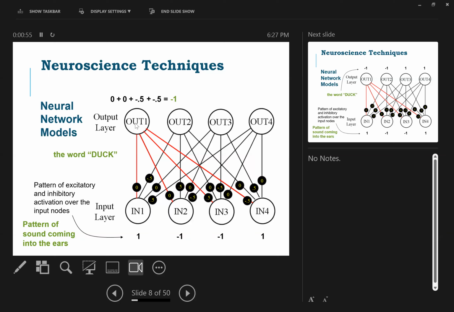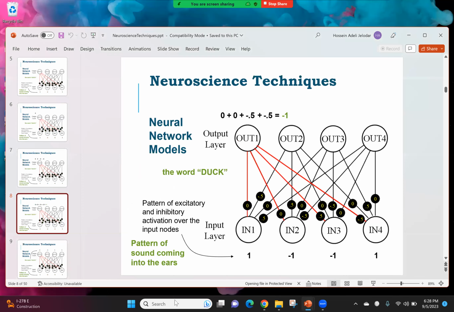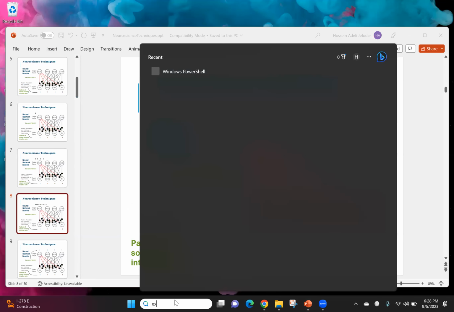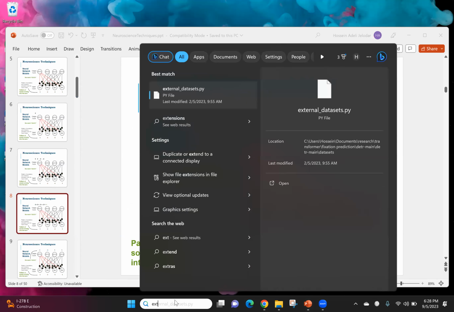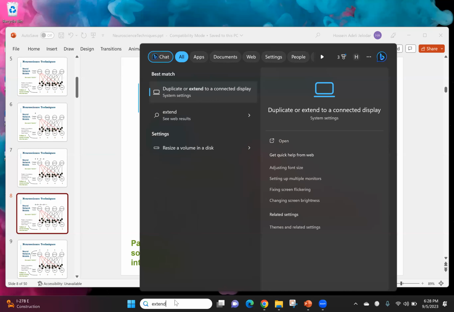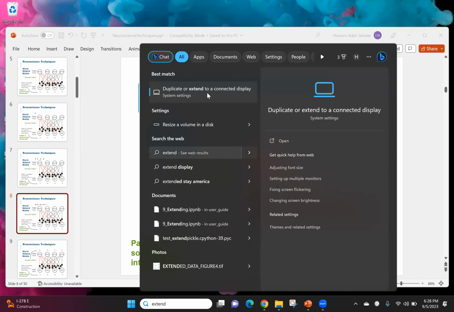I don't know if you're pointing at something. No, I know. I'm trying to share my screen, but for some reason on this keyboard, I don't see the option.